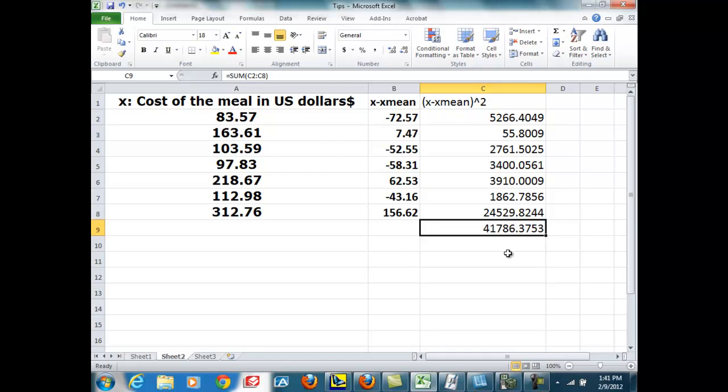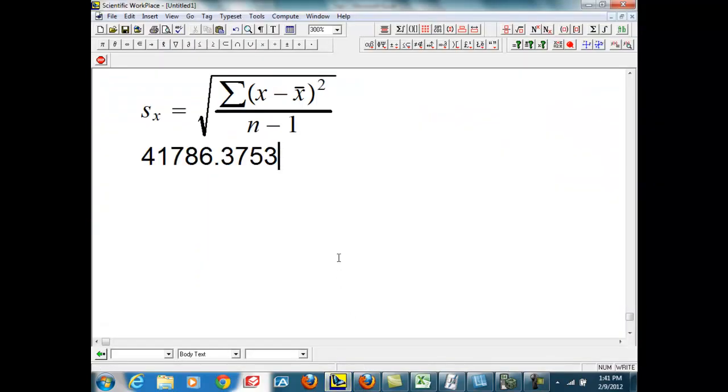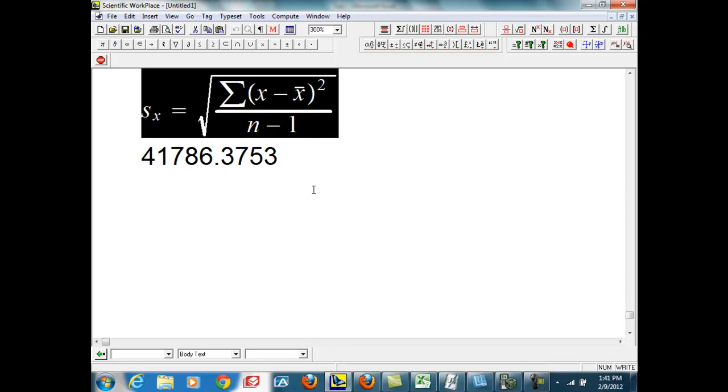Right, I'm going to do that for all of them, but first I will add them together, all right? So this is the sum. So let's take our sum down here. So how do we get the standard deviation then?